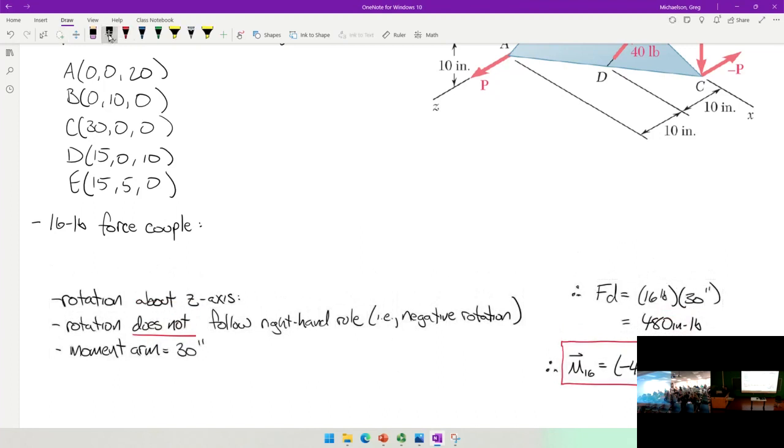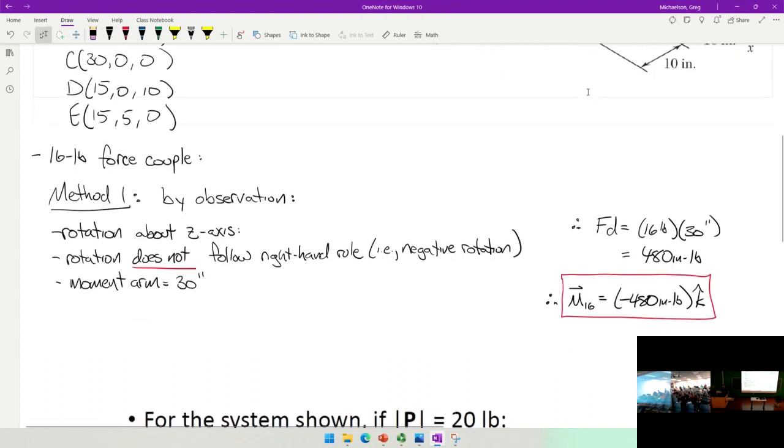We'll call this method one, by observation. That's one way of doing this.